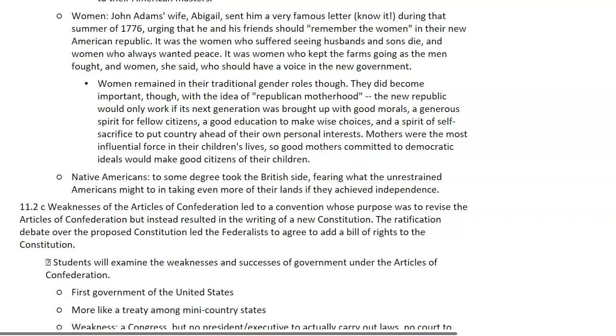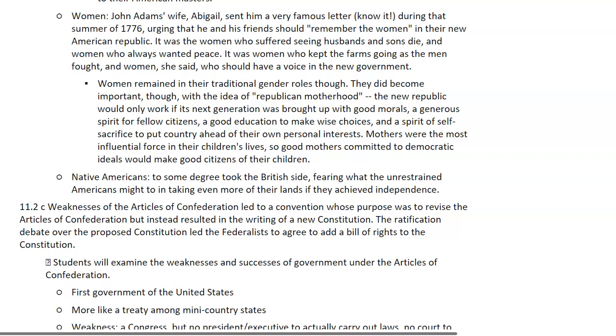It is known as the Remember the Women letter. She says it was the women who had suffered seeing husbands and sons die in war through the centuries. It was the women who always wanted the peace. It was women who kept the farms going as the men fought, and women, she said, who should have a voice in the new government.